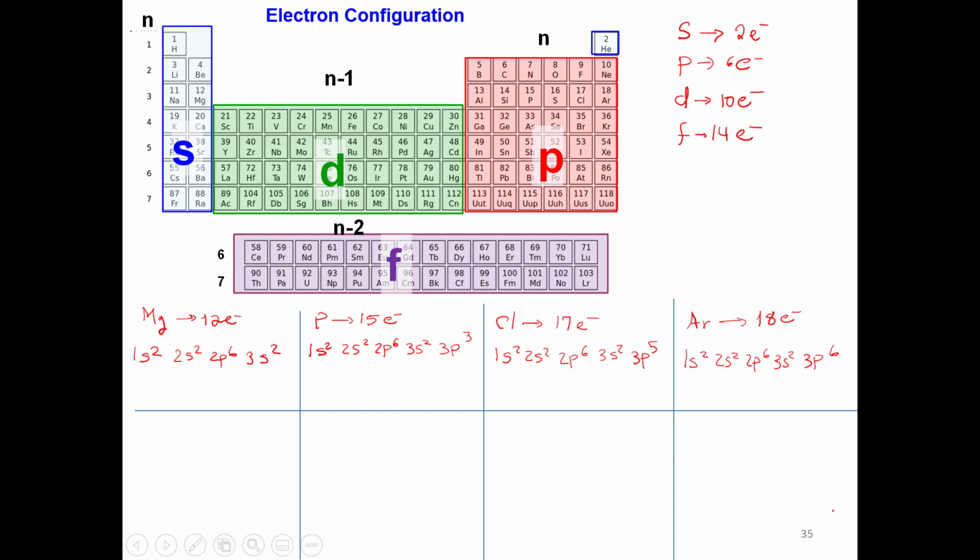And let's try now calcium. Calcium has 20 electrons. Then we have calcium here, 20 electrons. And we will do the same thing as the other shells must be completed.